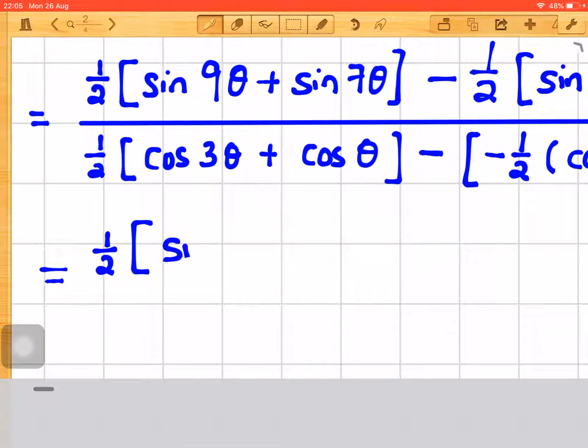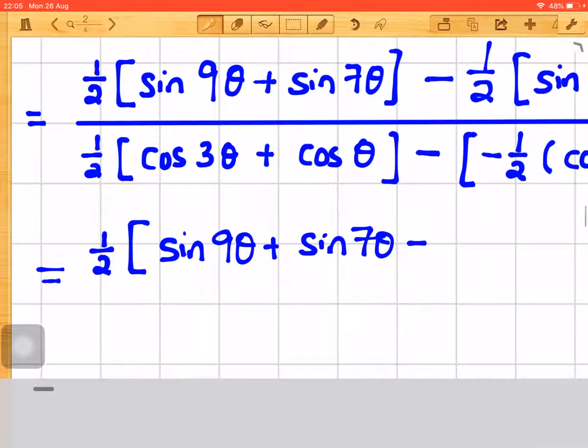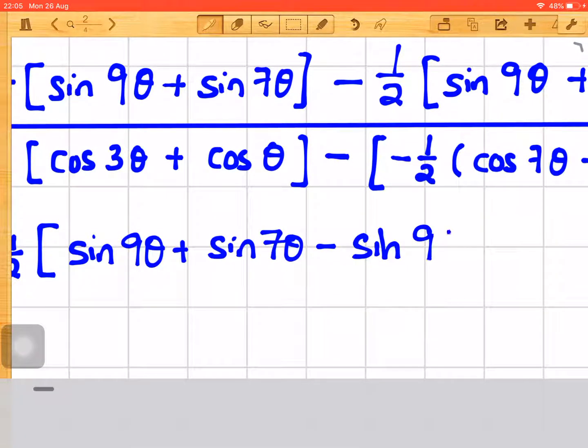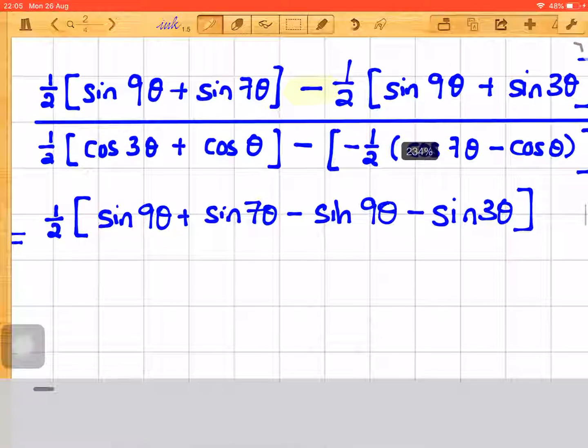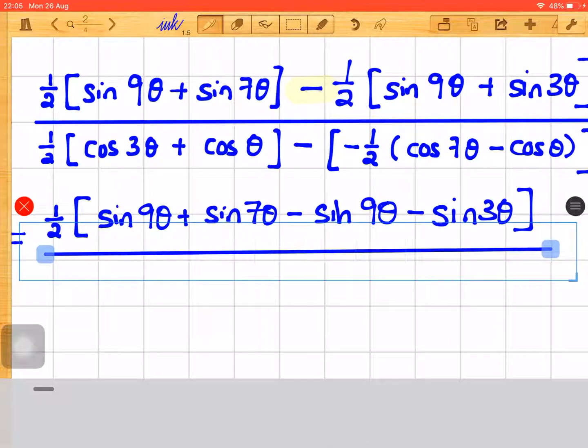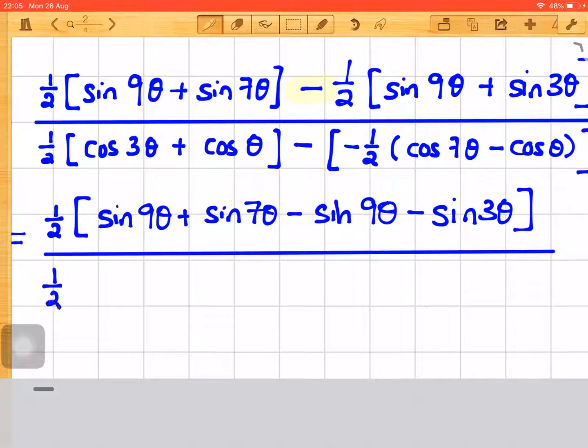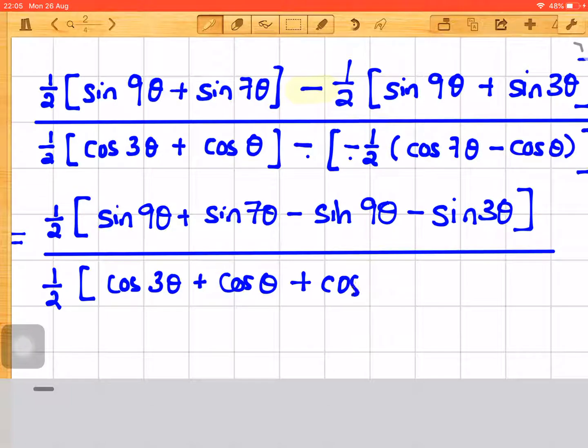So up there you have sine 9 theta plus sine 7 theta minus (sine 9 theta plus sine 3 theta), the minus because of this negative sign, over also another 1 over 2 (cos 3 theta plus cos theta minus, plus, cos 7 theta minus cos theta).